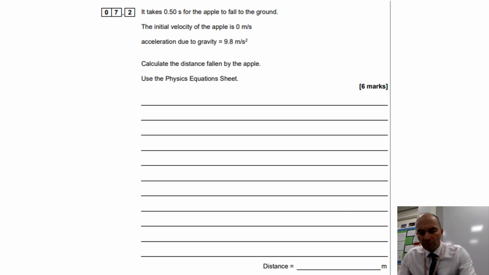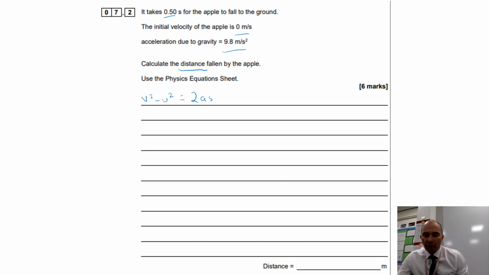Now, we've got an initial velocity, we've got an acceleration, calculate the distance. This is where we need to be using our v squared minus u squared equals 2as formula.